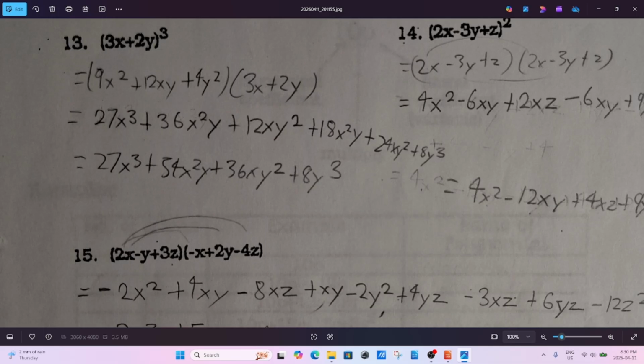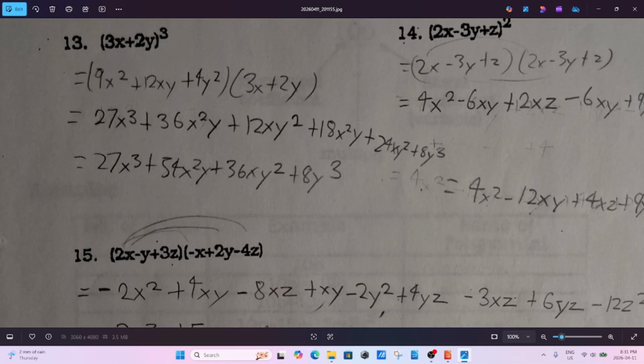So I'm going to be doing 3x plus 2y times itself, which gives you 9x squared plus 12xy plus 4y squared, times 3x plus 2y, which is equal to 27x cubed plus 36x squared y plus 12xy squared plus 18x squared y plus 24xy squared plus 8y cubed, because you're just distributing.